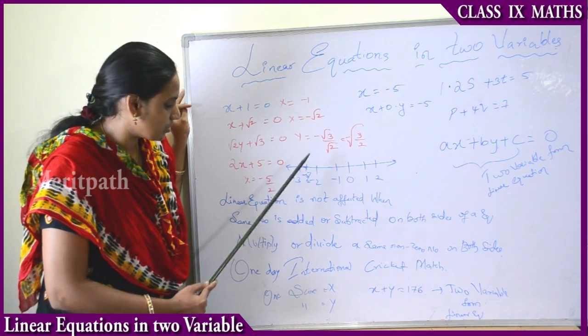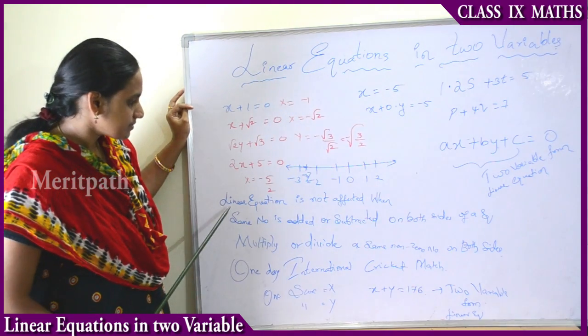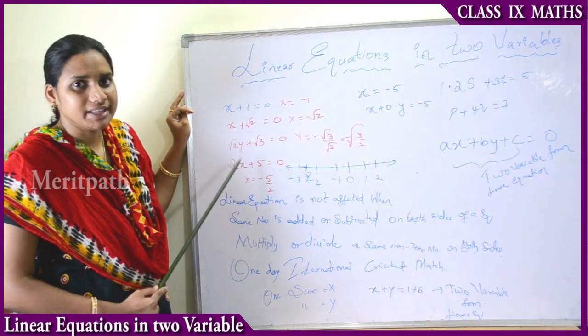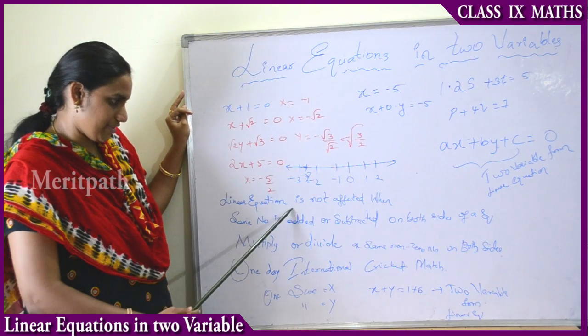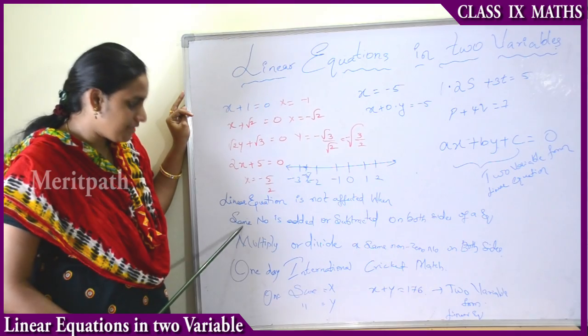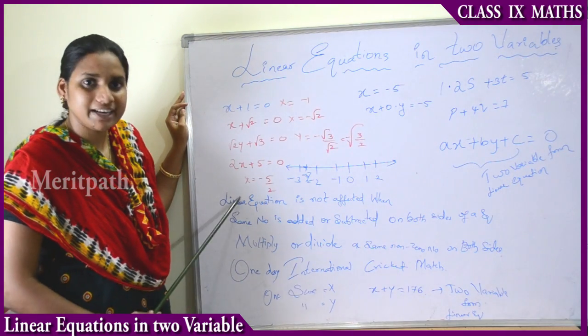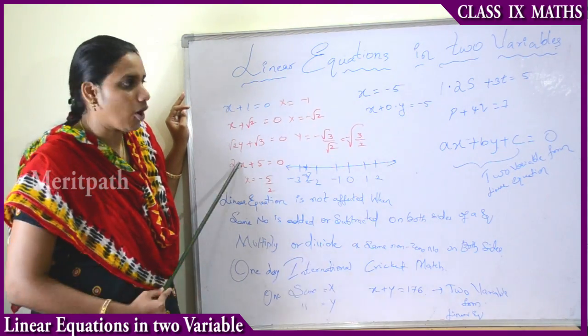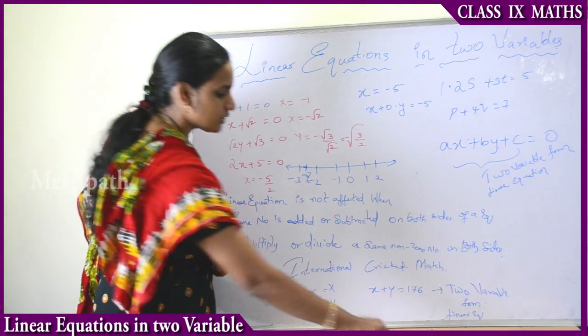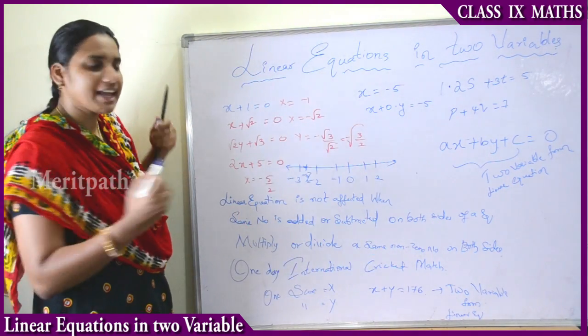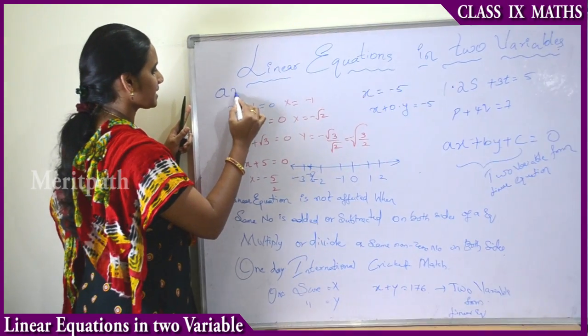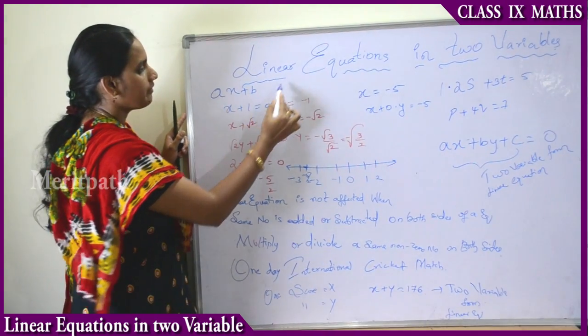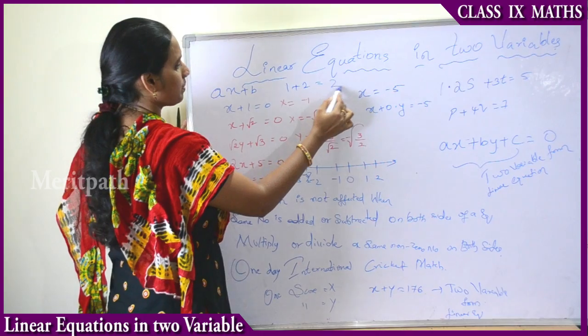In the same manner we will say one more thing: when a linear equation is added with a number or subtracted by another number on both sides. What I want to say is, suppose we take one equation, 1 plus 2 equals 2 plus 1.